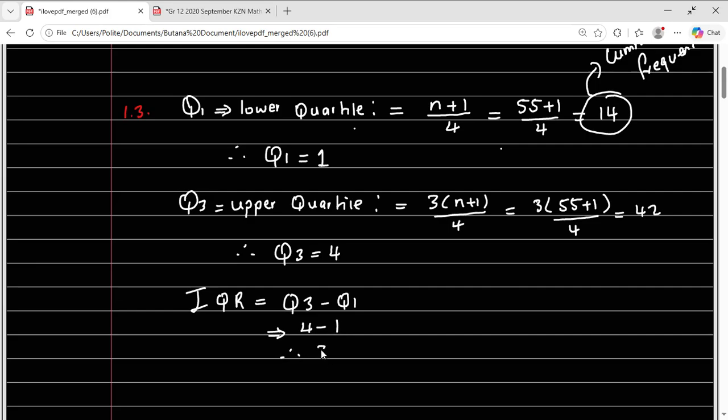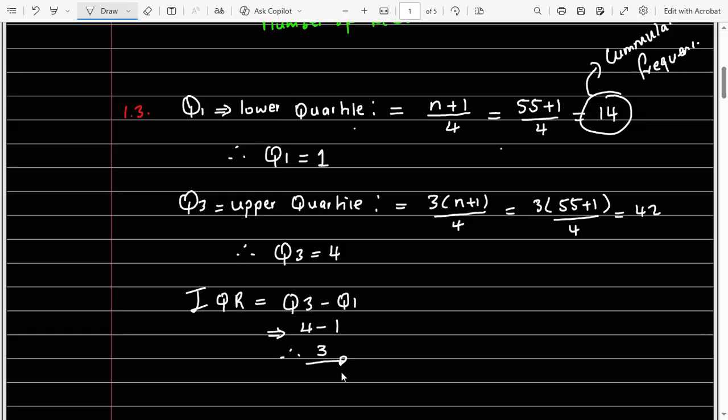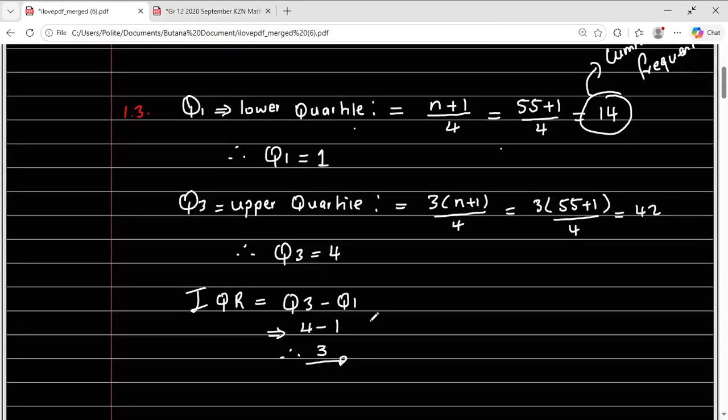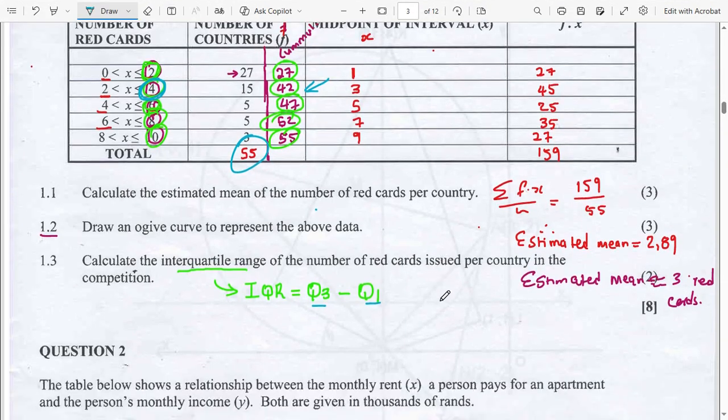Therefore, the interquartile range is 3. Give them that answer, and you definitely collect your marks. The question said the interquartile range of rate cards issued per country, so it's going to be 3 rate cards. And that's it for this one. So I think you can see how easy it is to collect those 8 marks.